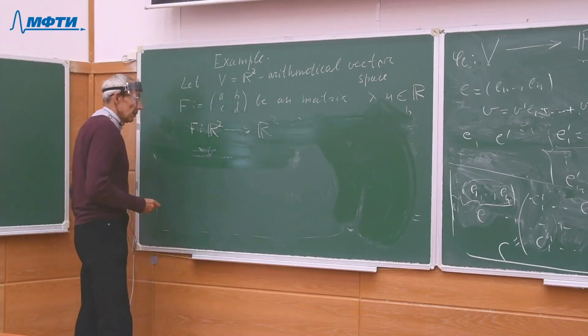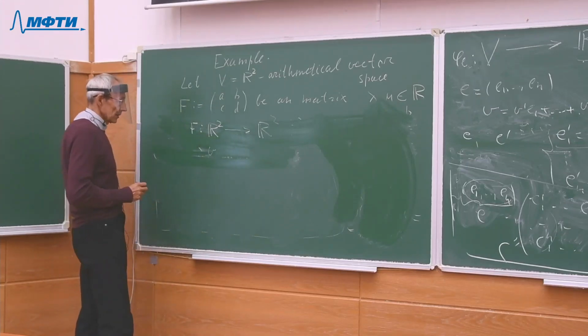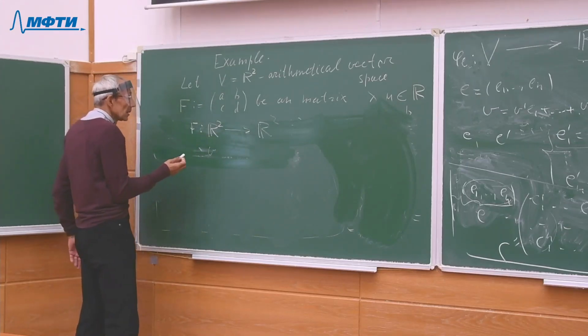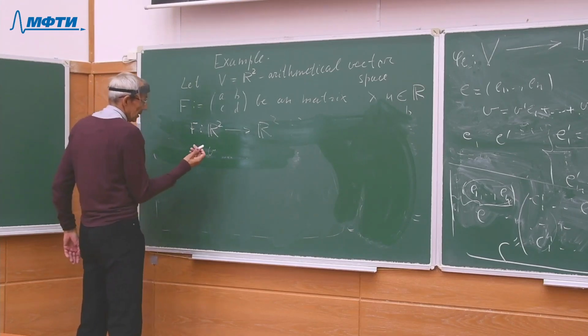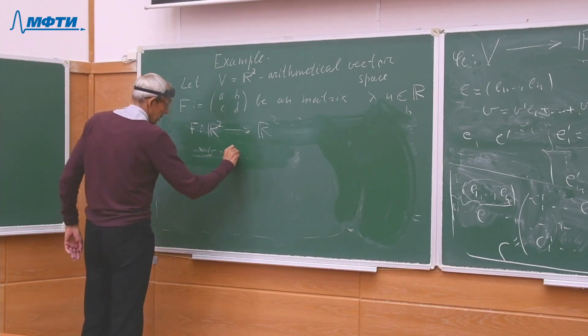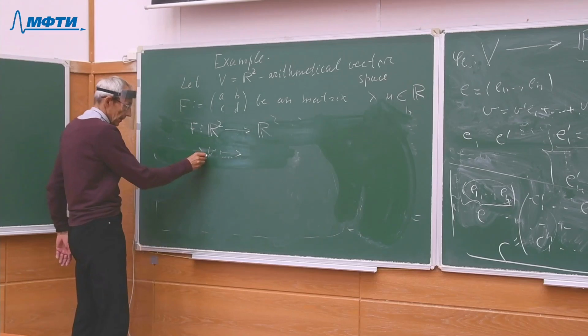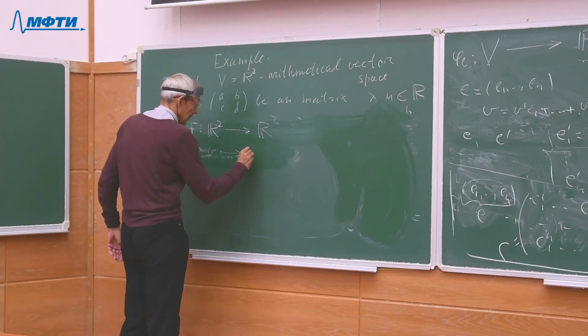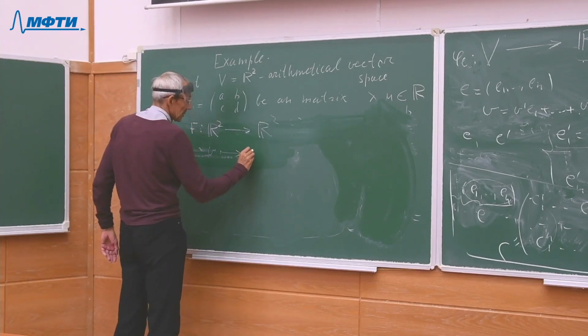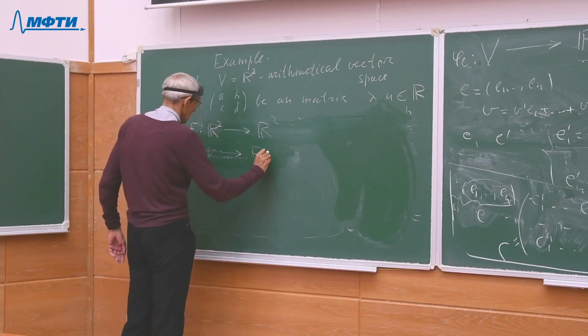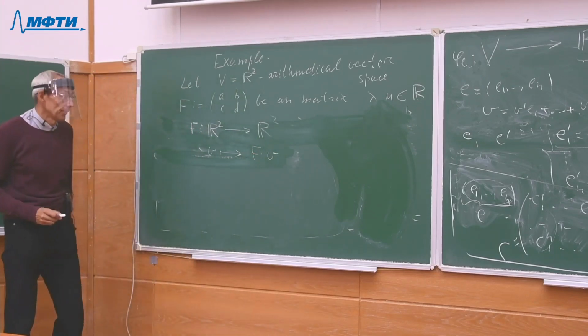If v is a vector from R2, I correspond to the vector v the matrix product of the matrix F and the vector v.